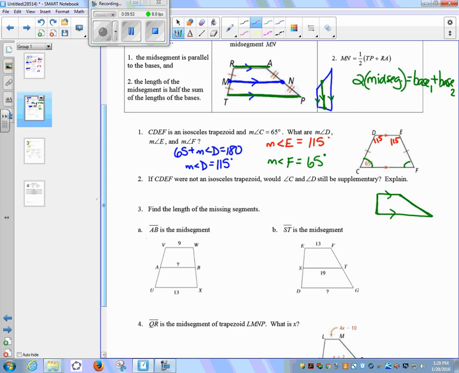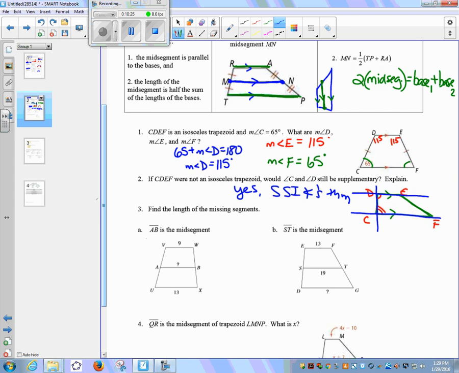Would C and D still be supplementary? What do you think? Hopefully you're thinking, this is parallel to this. These are still same side interior angles. So yes, by the same side interior angles theorem, they would still be supplementary.